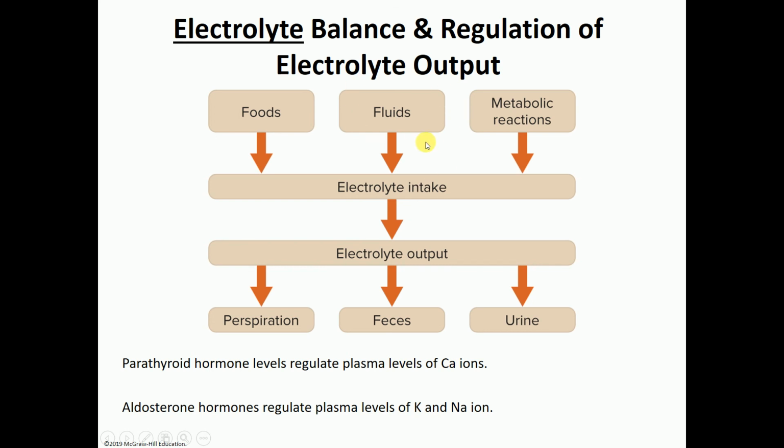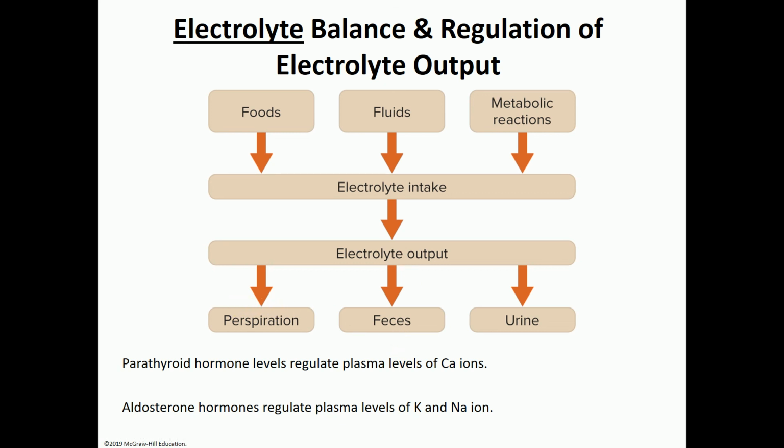So when we take in water through fluids and foods, you'll definitely find electrolytes in there with them. And then our metabolic reactions also produce some electrolytes. Now, in order to get rid of these electrolytes, we get rid of them through urinating them, or through elimination of electrolytes in feces, or through perspiration and sweat as well.